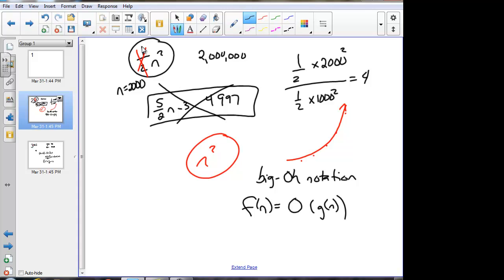It means that the function f grows no faster than g, or that for all n larger than some threshold, the value of f of n divided by g of n is less than or equal to c for some constant c. The way you're going to see this generally written is just O of n squared. That would be the big O notation for this problem, or the efficiency of the selection sort algorithm.